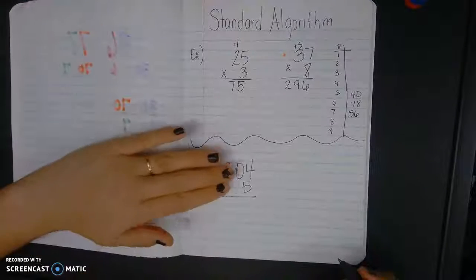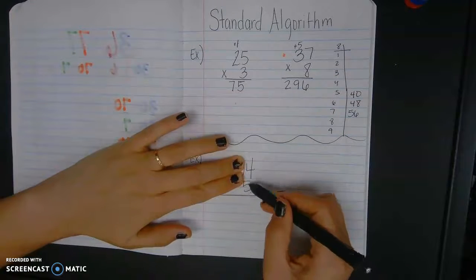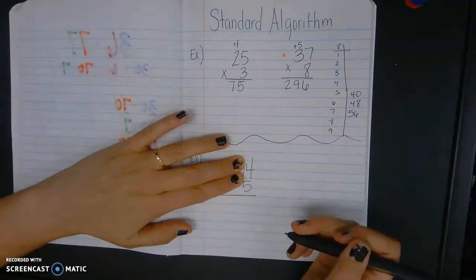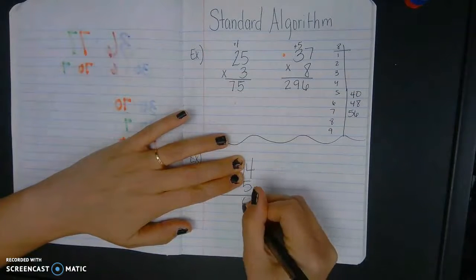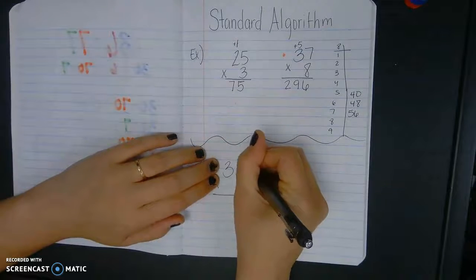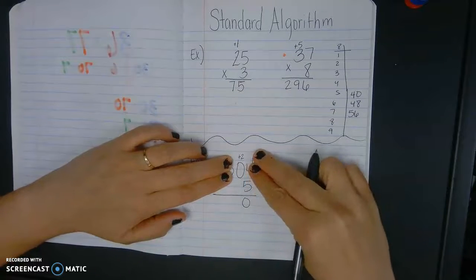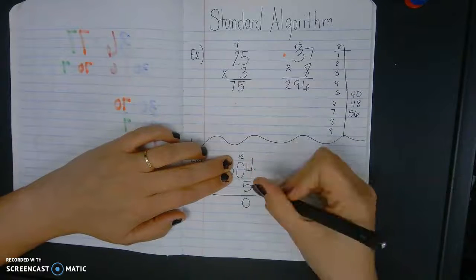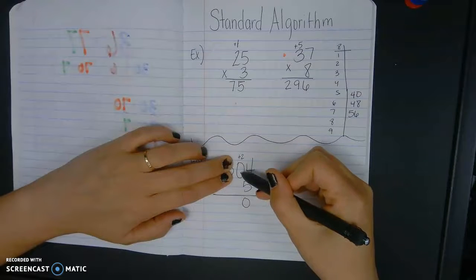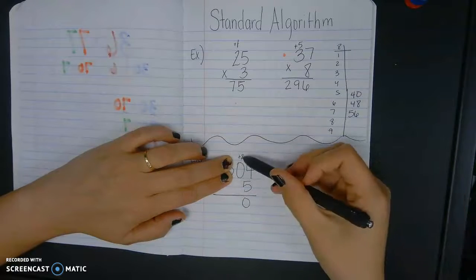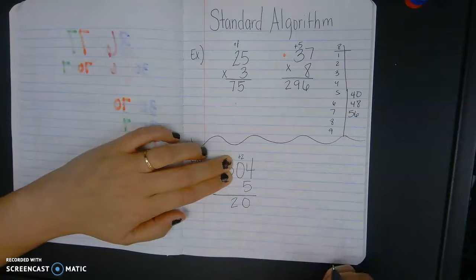I'm just going to multiply ones place times ones place. 5 times 4 is 20. So I put a 0 here plus 2. Now I'm just going to do the ones place times the tens place. So 5 times 0 is 0, but 0 plus 2 gives me 2.